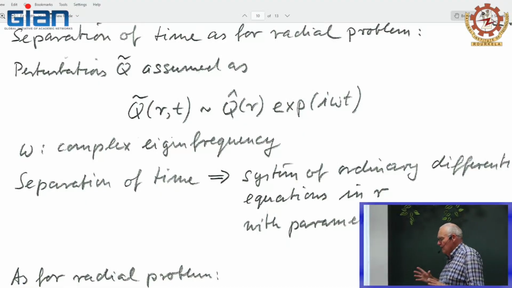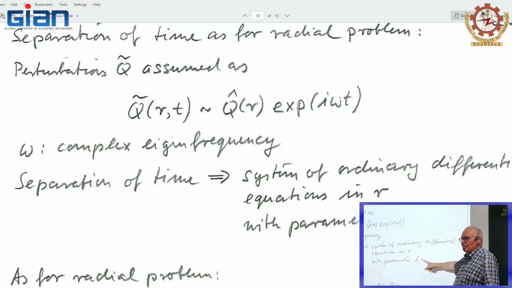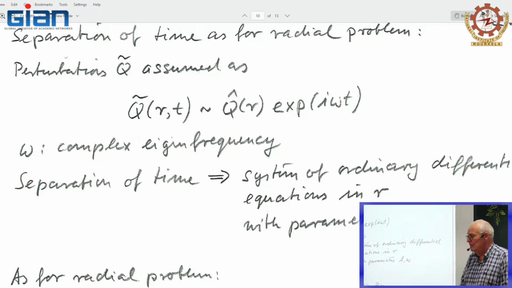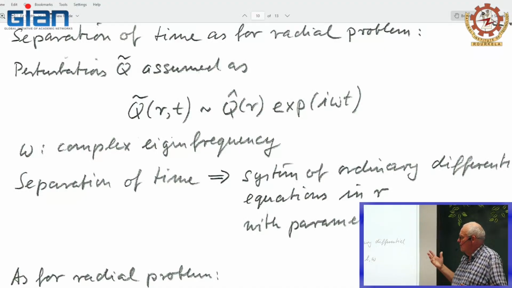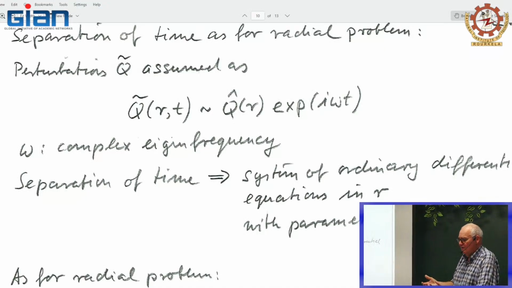As for the radial problem, we will measure the eigenfrequency in units of the dynamical timescale. We will normalize all quantities. We will go from the perturbations to the relative perturbations to get dimensionless quantities. This is one point.